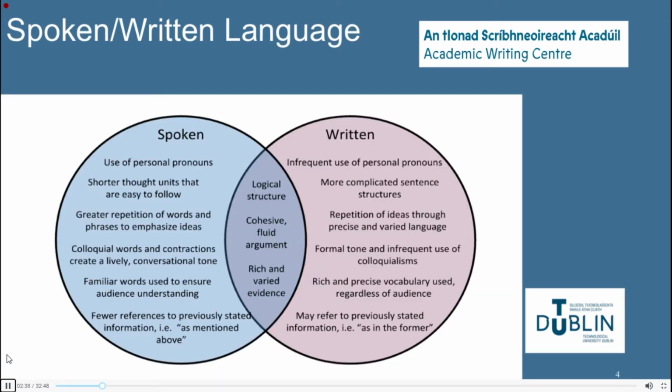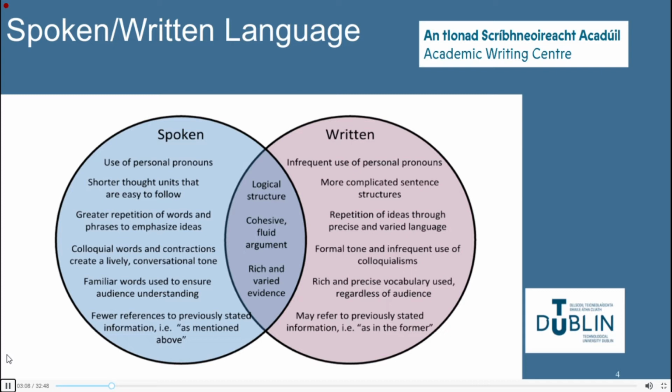Both written and oral communication use language as a means to transfer information. In this image, you can see two circles, one for spoken and in pink for written language, and it lists some of the features or characteristics associated with either spoken or written language.